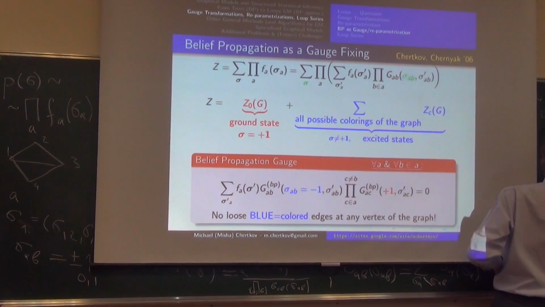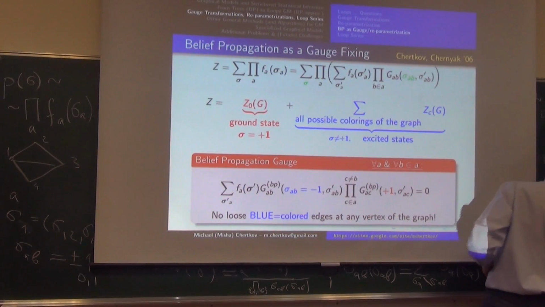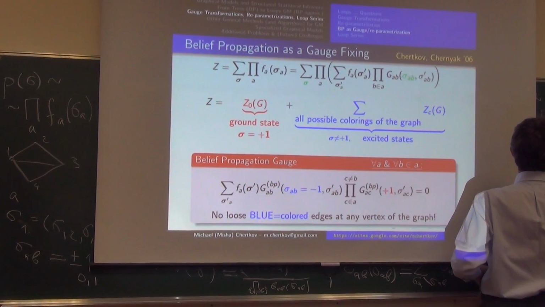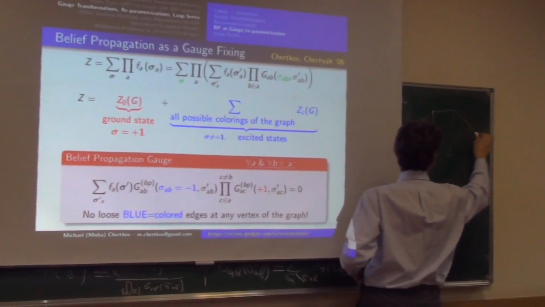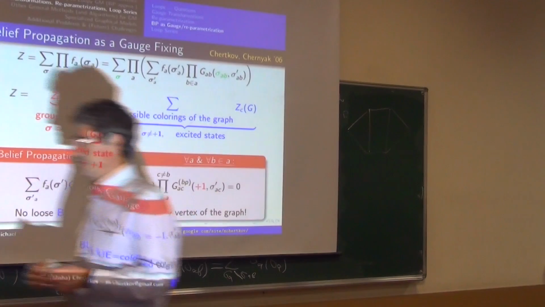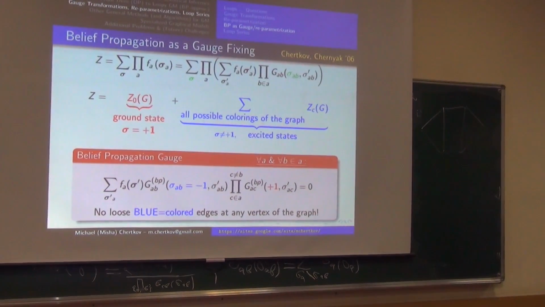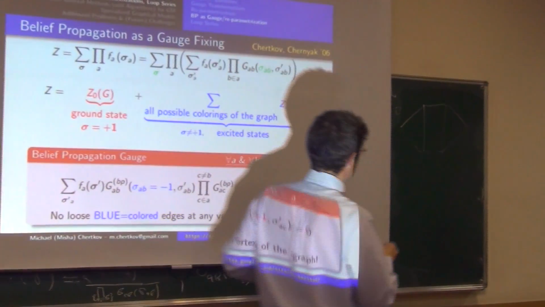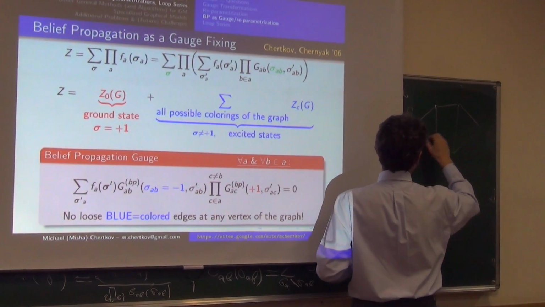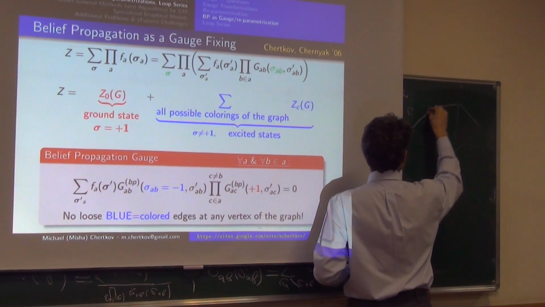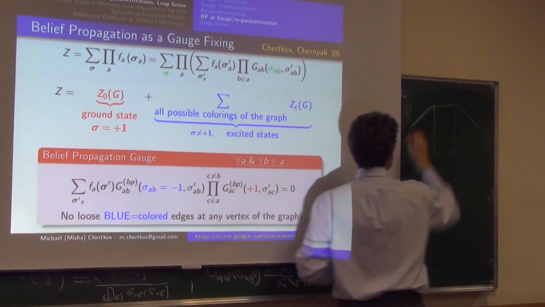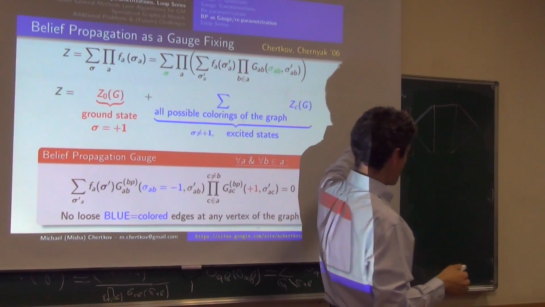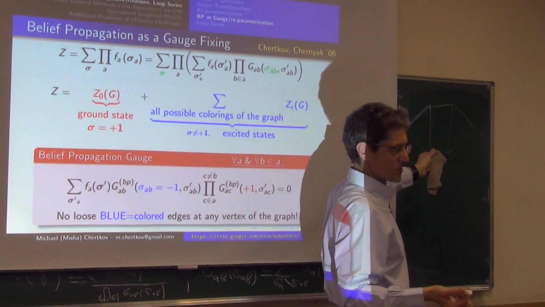I'll be writing it in here, and I actually will be using color, because it's exactly what I'm doing: coloring. So let me consider, for example, this graph, and let me start coloring; blue will be the coloring. So basically, what I'm saying is that with those conditions, my partition function is a sum of all possible colorings.